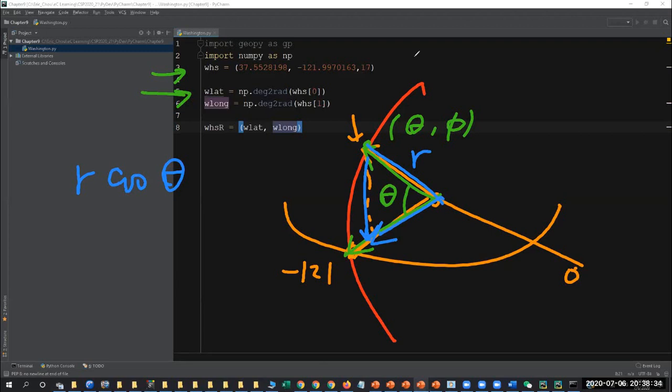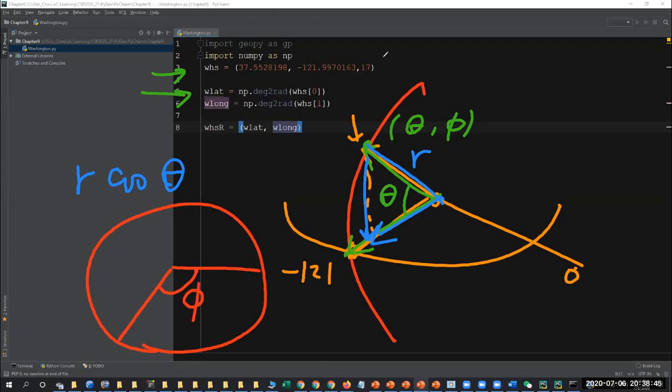So let's bring the equator circle now. On the equator circle, I have this one, and here I have a phi. My projection from Washington Hospital on the equator plane should be over here, and this length is R cosine theta. Is that okay?